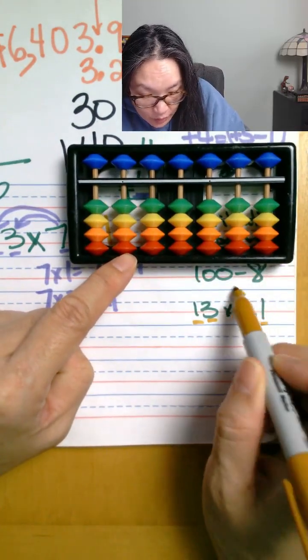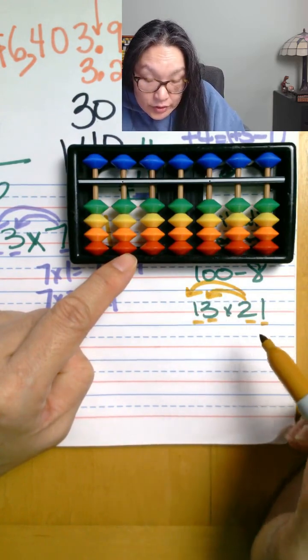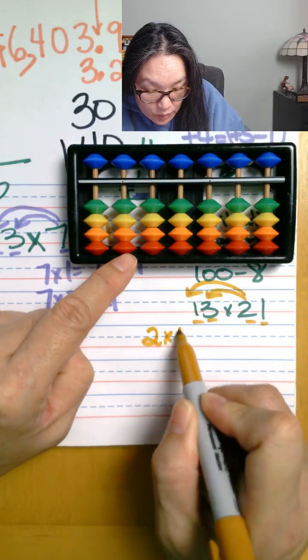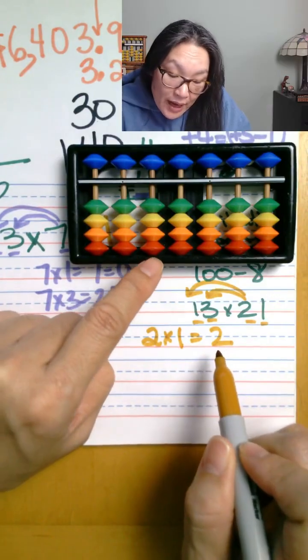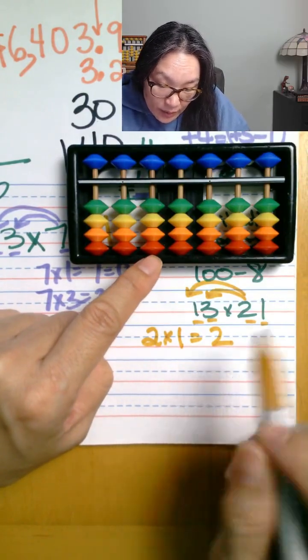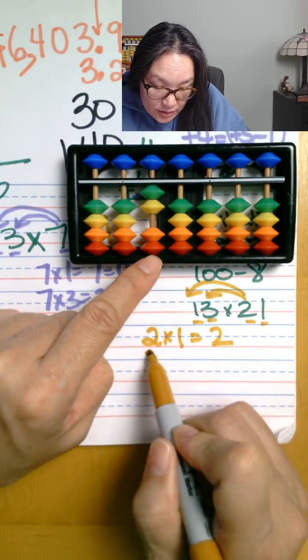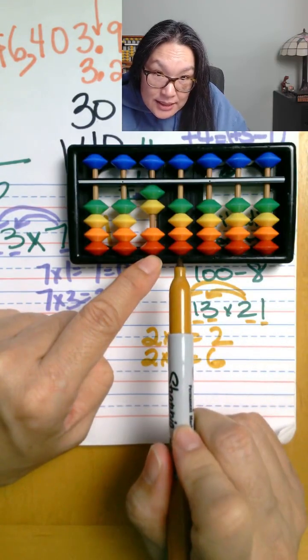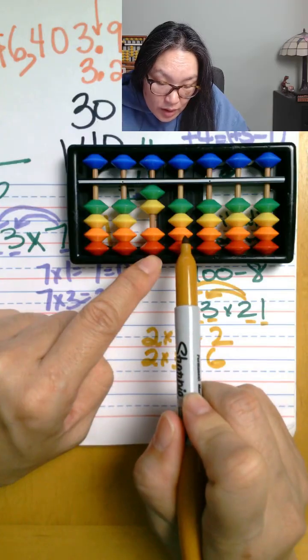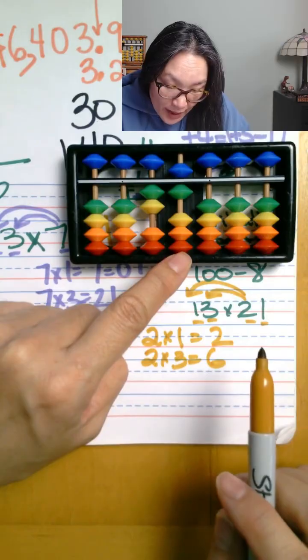What does that mean? We have 2 times 1 and then 2 times 3. So 2 times 1 is equal to 2. See how it's a single digit? We go back 1 column, we add the 2. And then 2 times 3 is 6. Again, 6 is a single digit. You go back 1 column. That's just one of the rules.